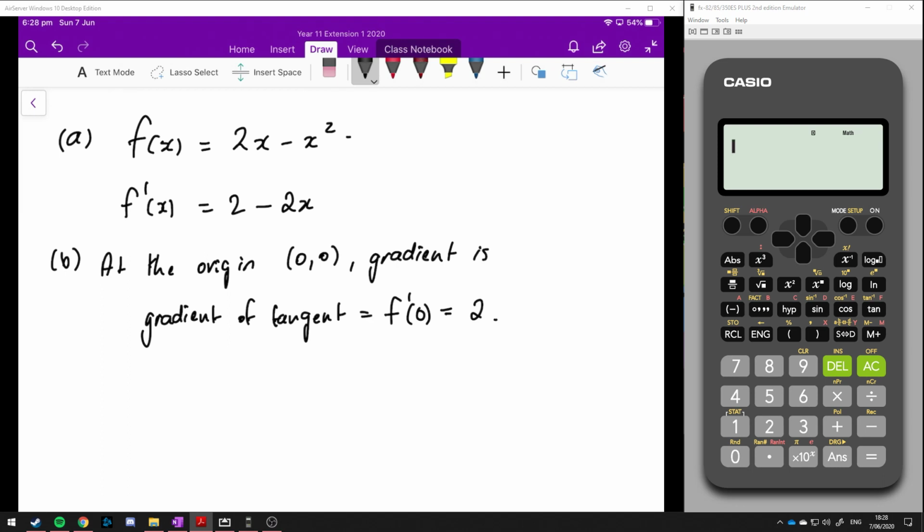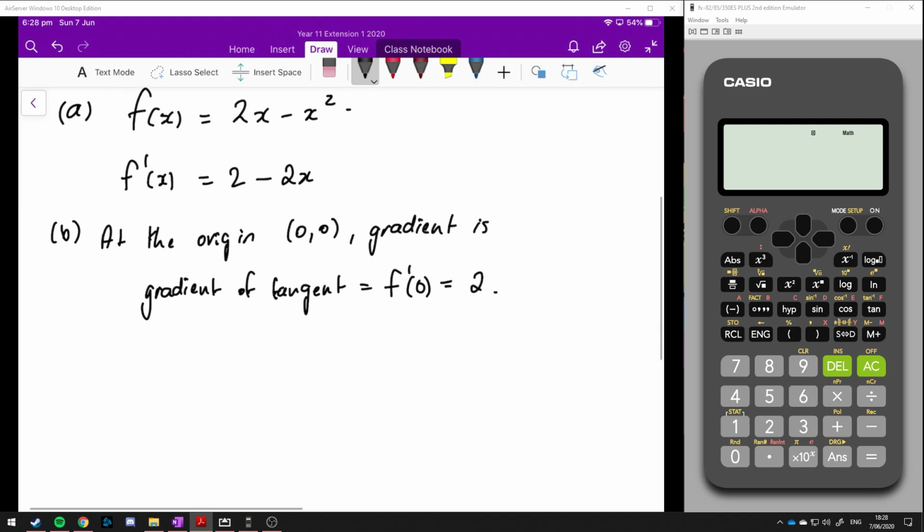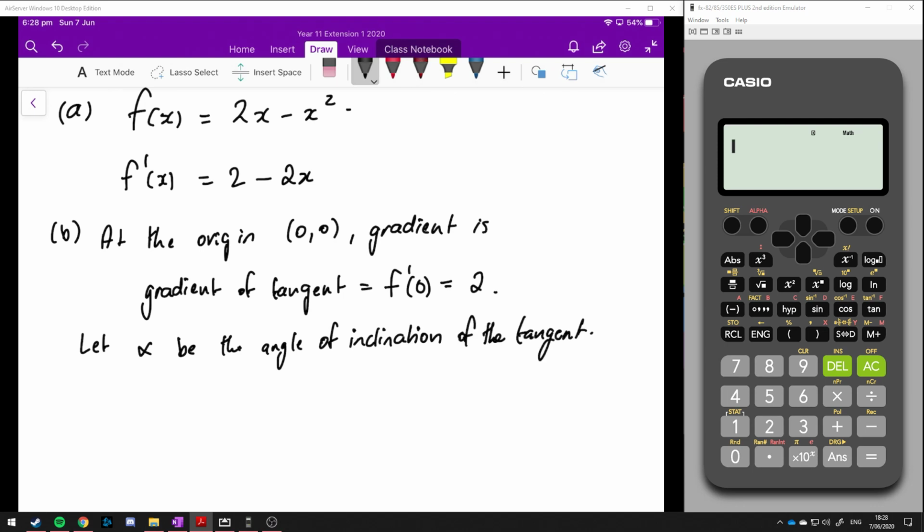Then we're going to find the angle of inclination. So we let alpha be the angle of inclination of the tangent. Then we get tan alpha is equal to 2, okay?